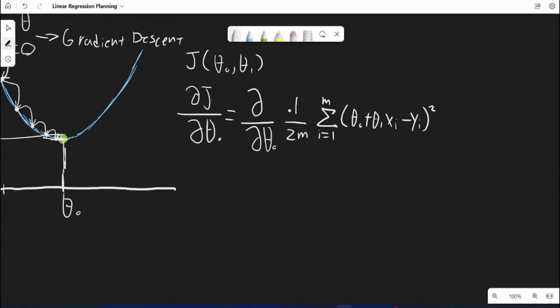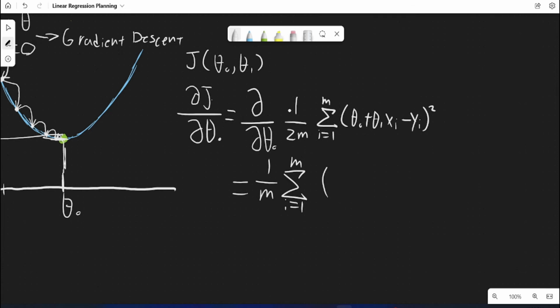So I believe that would be 1 over m times the sum from i equals 1, and since theta 0 is actually not multiplied by anything, we can just... actually wait, hold on, let me think for a second.